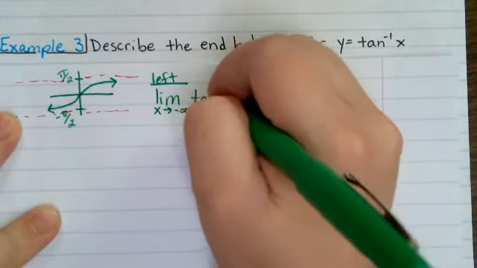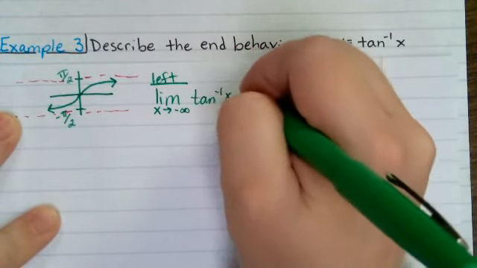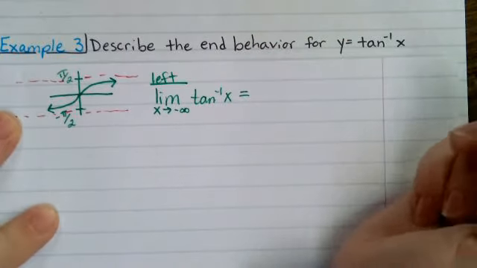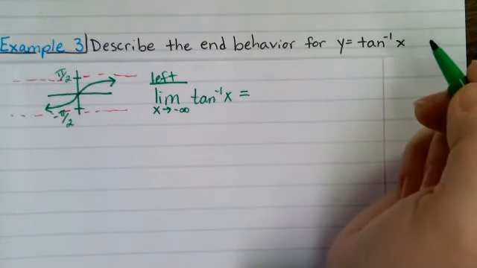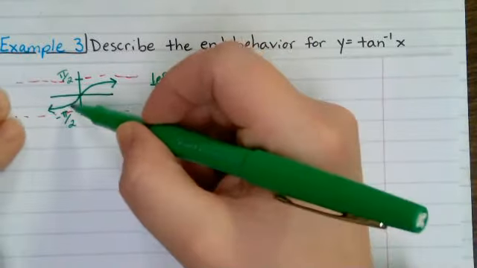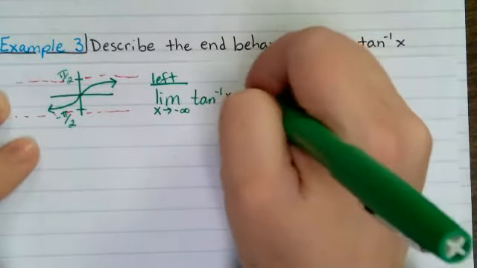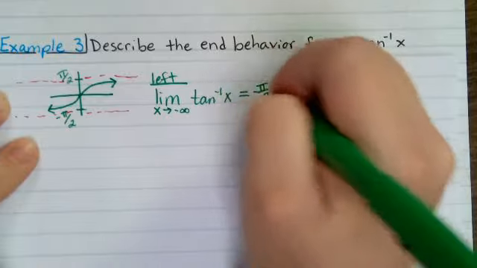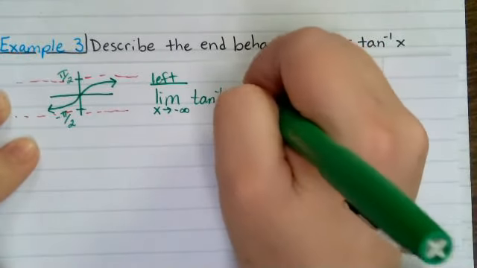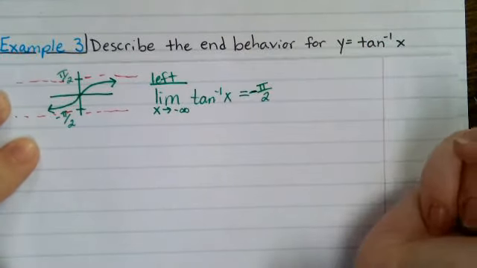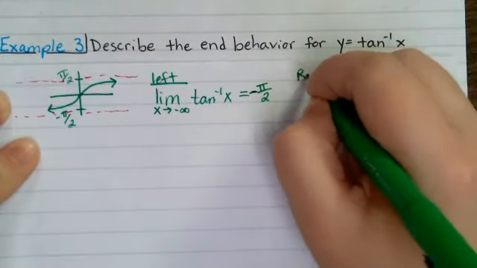Then tangent inverse is approaching, the limit. So on the left, it's getting closer and closer to negative pi over 2. Yeah, that's a negative.